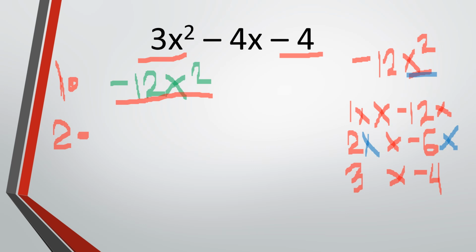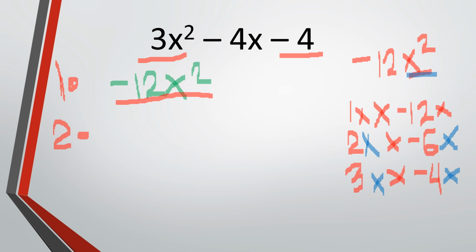Then we also have x here since we have x squared there. X and x. We also have 4 and 3, 6 and 2, 12 and 1. Make sure that the greater number is negative.